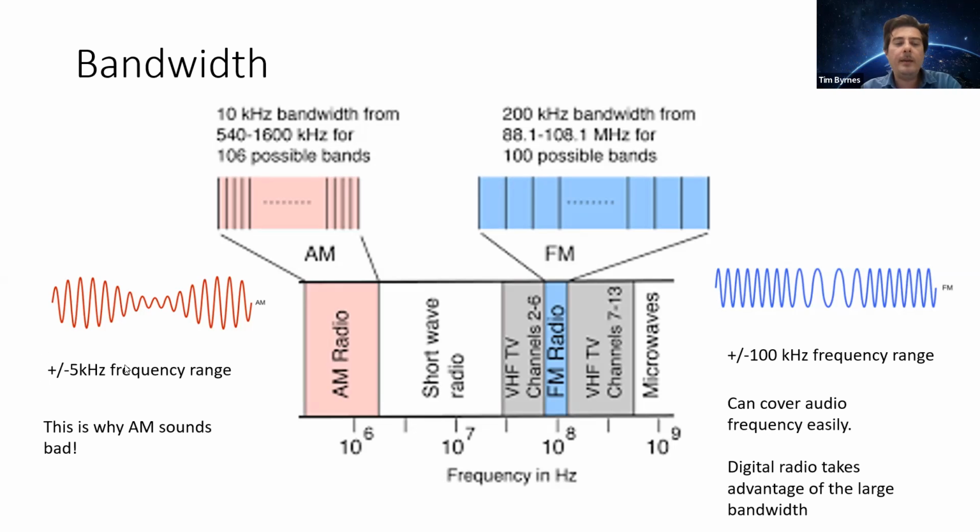When you listen to AM radio, basically it has a range of only plus or minus 5 kilohertz. That means the highest sound you can conceivably transmit on AM radio is only about 10,000 hertz, and that's way below the range of human hearing. You guys are still all young, so you could probably hear up to 17,000 or 18,000 hertz, no problem.